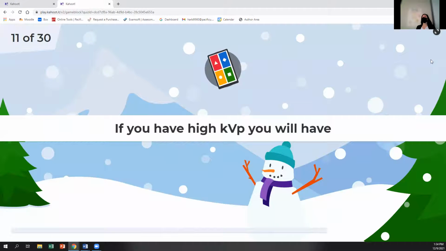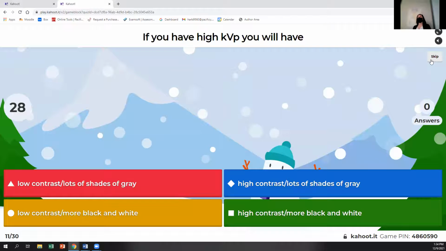If you have high KVP, you will have low contrast, lots of shades of gray. High contrast, more black and white.